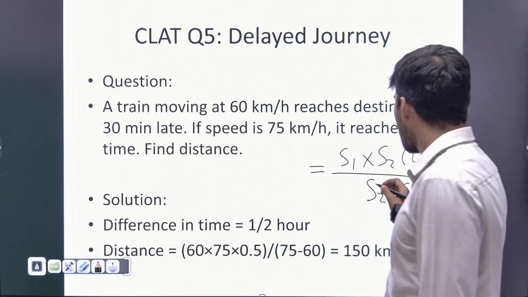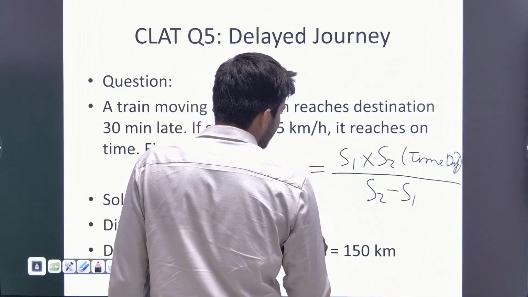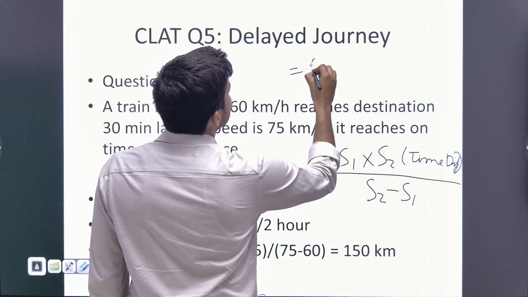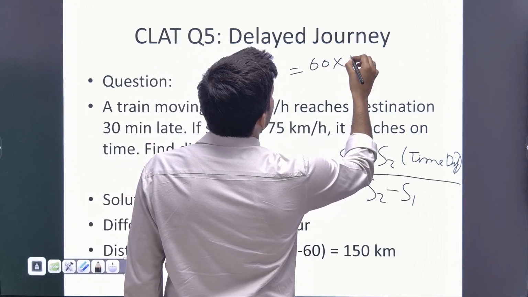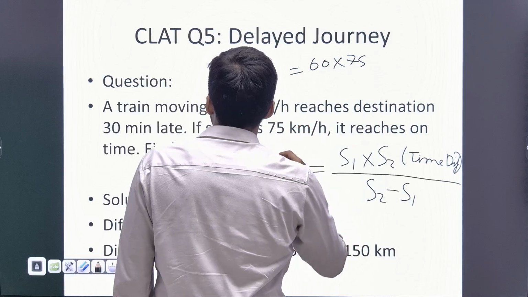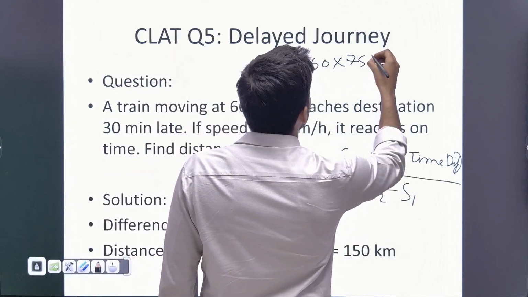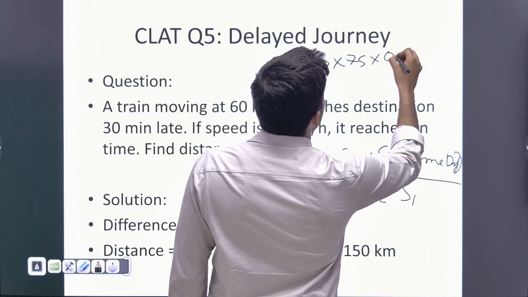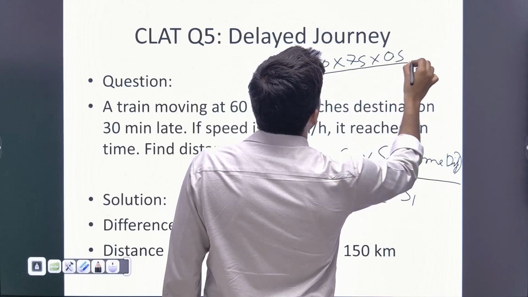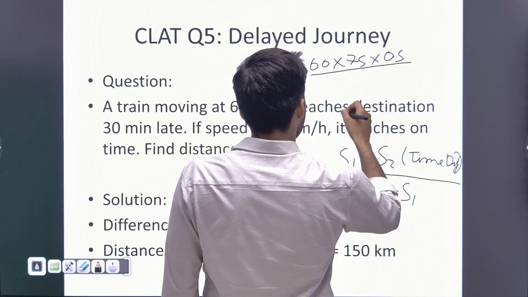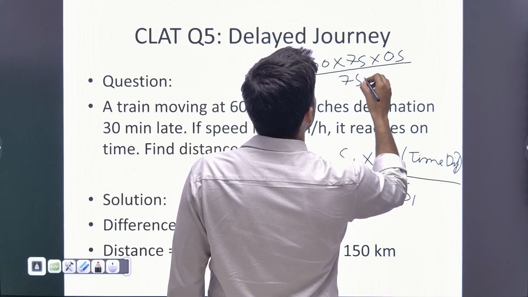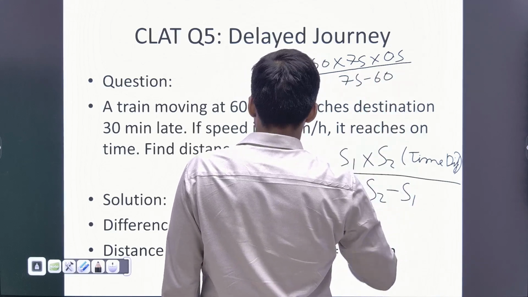So 60 into 75, and as it is late by 30 minutes, we'll do it 0.5, and 75 minus 60.